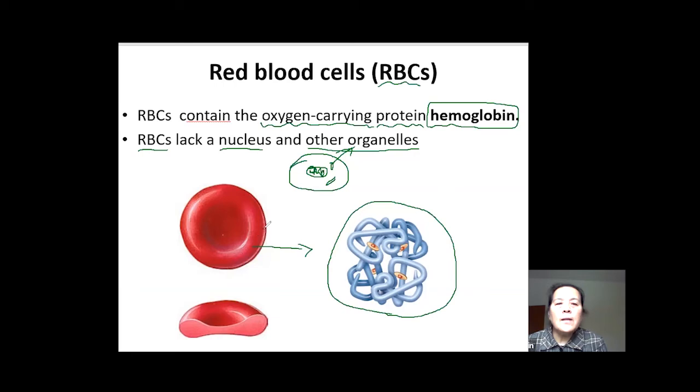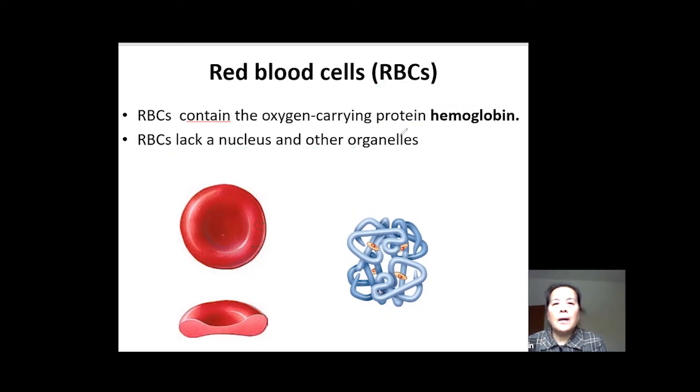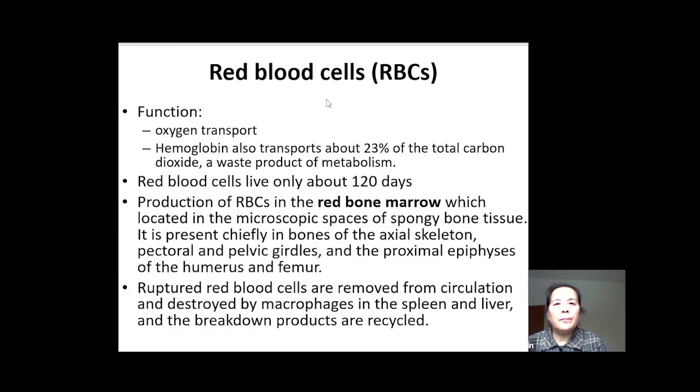In this way, they can hold a lot of hemoglobin. We can shortly use Hb for hemoglobin. So that's basically the red blood cell. Then we see the function of red blood cell.